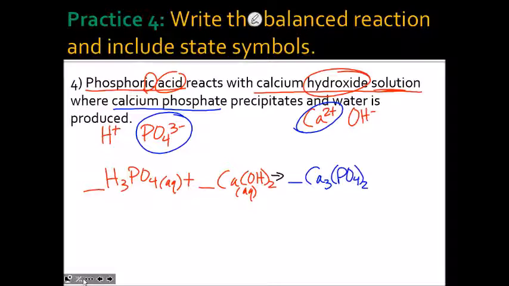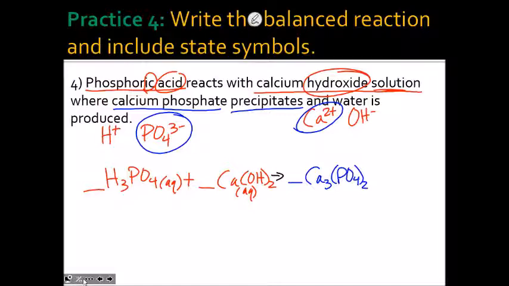Now, figuring out the physical state here. It says it precipitates. What does that mean? That's a key word to tell you something about the physical state. It's when you put the two solutions together and you see the powdery stuff fall to the bottom. It precipitates out.